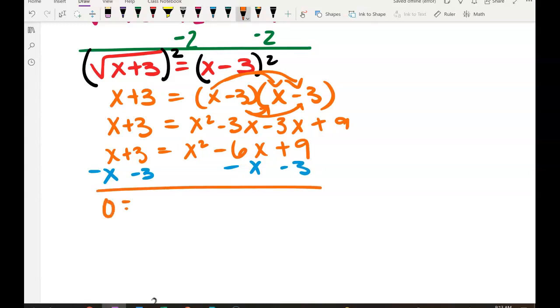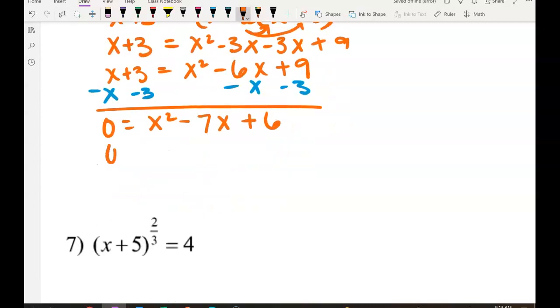Does it matter which side you move it to? Nope, not of importance. Okay. Here's what we got. Now factor. Take it, factor it for me, please. What if you can't factor? What's another way to solve? Quadratic formula. You are right. Okay, or complete the square.